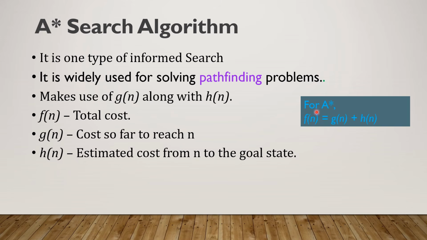So f of n is the total cost. Using this formula for each and every path, we find the value, and based upon the lowest f of n value, that path will be expanded. This is the procedure we use for the A-star search algorithm.